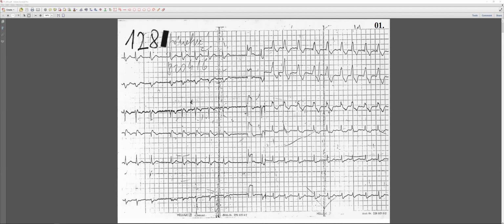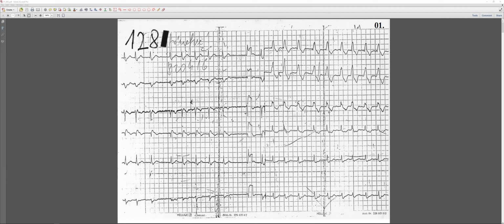Which lead should you look at for a right bundle branch block? It's on the right side, so it's V1 or V2. Yes, V1, V2. And you do see the wide R complex there. So this is a right bundle branch block.